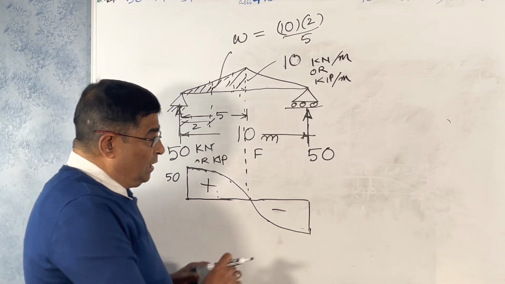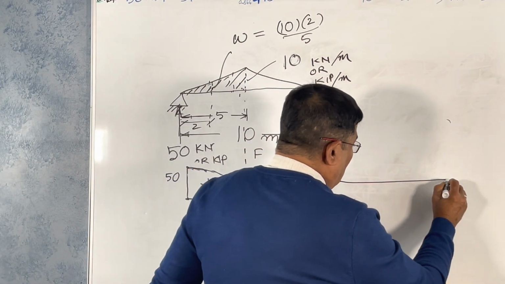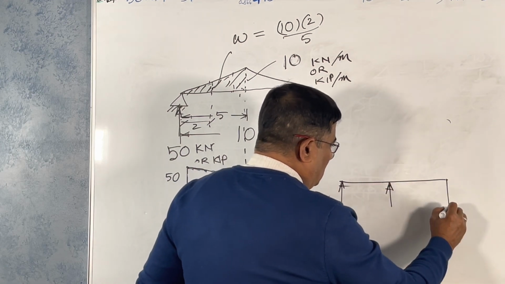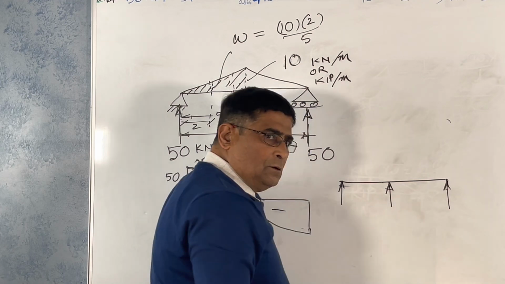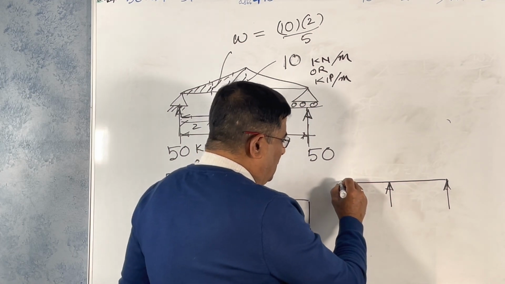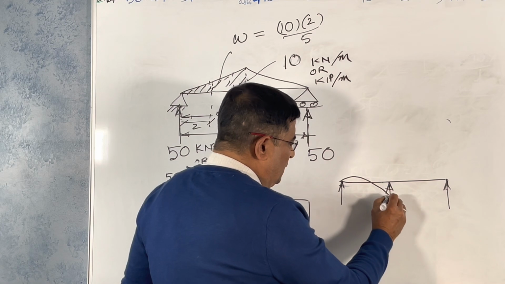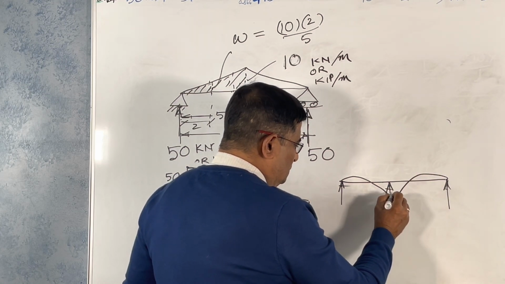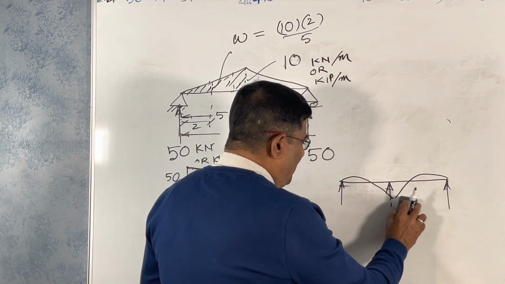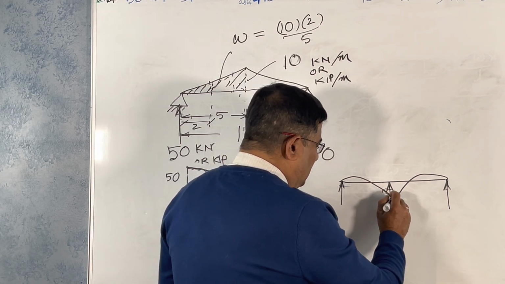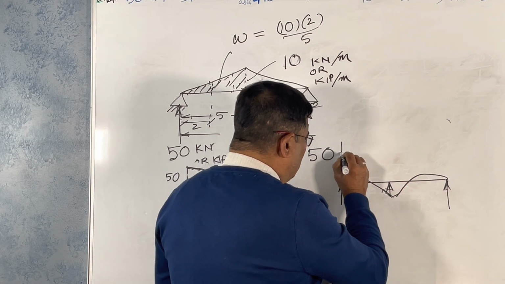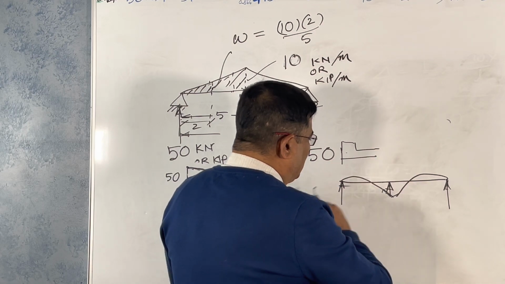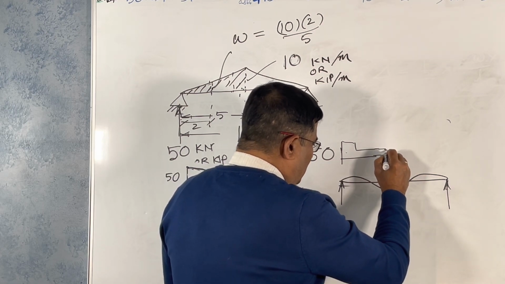If we consider a continuous beam, here it will be like this. The negative moment, but the shear force will be something like this, going there, coming out, coming there, then coming down here.